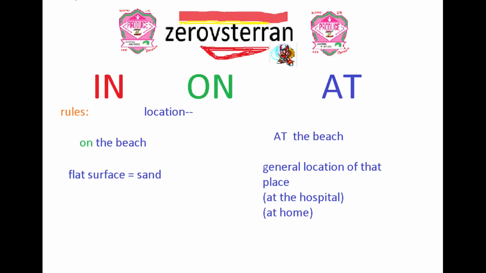And another commonly confused one, because both are possible: I am at the beach or I am on the beach. Well, if you say I am at the beach, then you're talking about the specific location. Basically, you could be on the sand, in the sea, in a cafe, but we don't know.